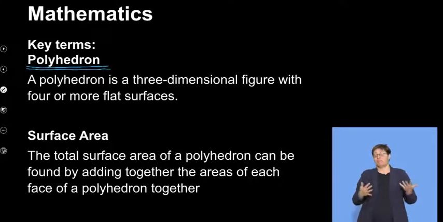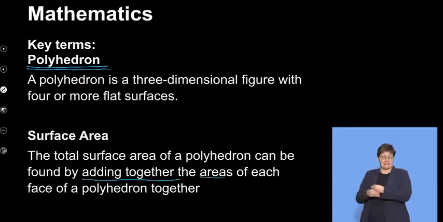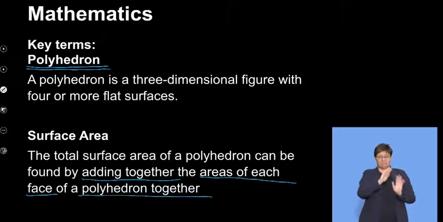So we are able to calculate the surface area of a polyhedron. The total surface area of a polyhedron can be found by adding together the areas of each face of the polyhedron. So essentially, I have a 3D shape, and I'm going to add the area of each of those faces together.